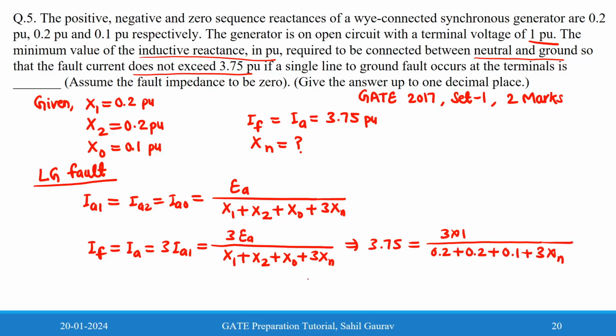So it will become as 0.5 plus 3 times of xn, that is 0.3 divided by 3.75, it is 0.8. So xn will be 0.1 per unit. So the correct answer for this problem is 0.1.